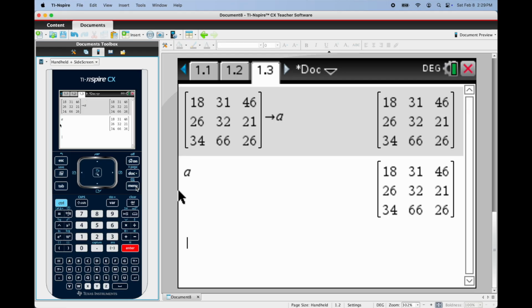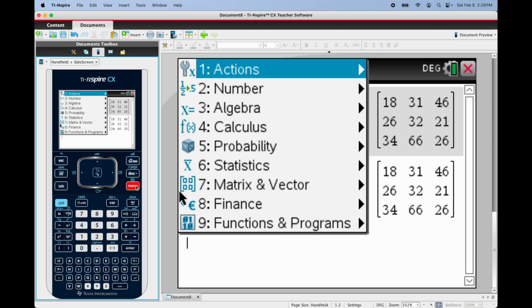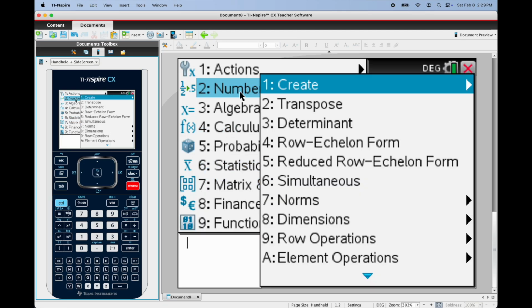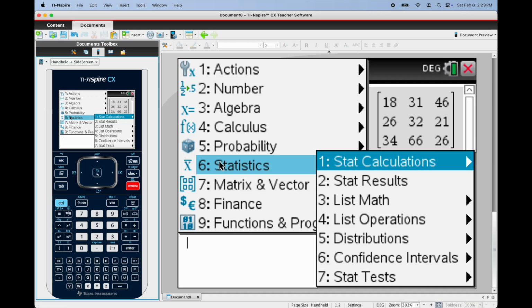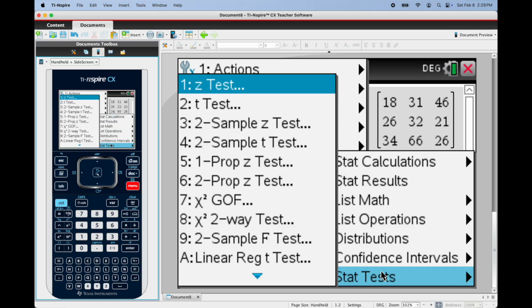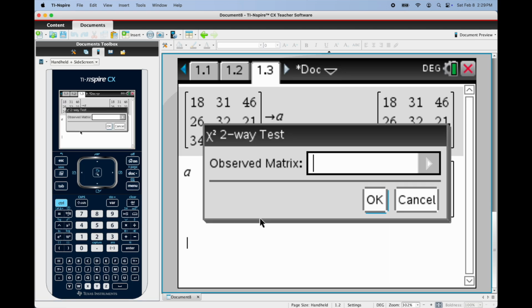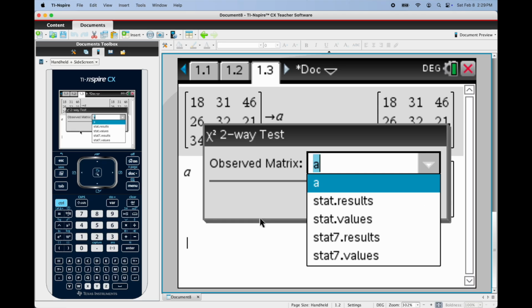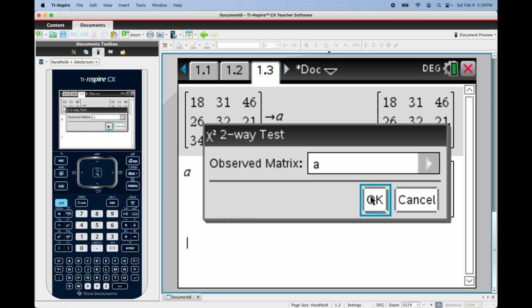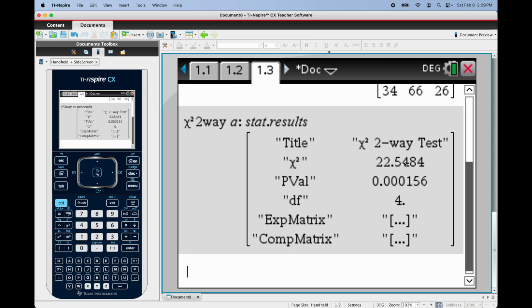Okay, let's run our stat test. Let's go into statistics and look at our stat tests. In this case, we want to run a chi-squared two-way test. This isn't the goodness of fit, it's a two-way test. The matrix, we defined it as A. And let's go read off our values.